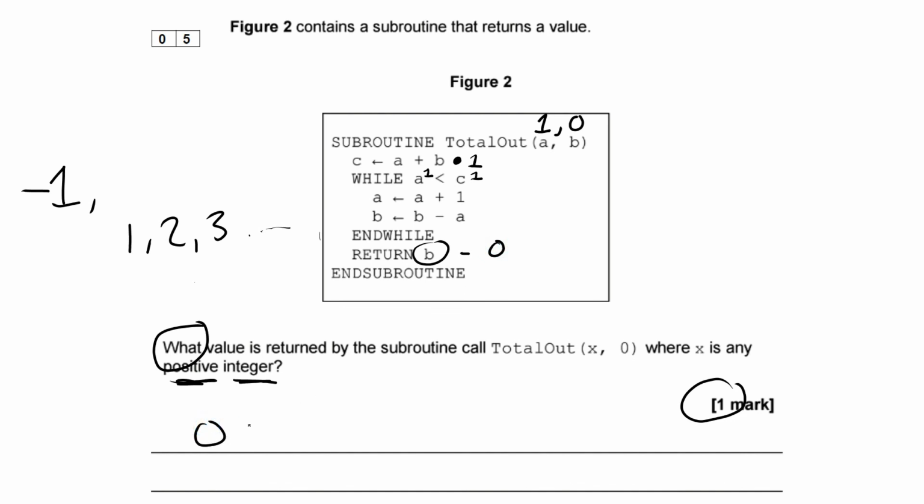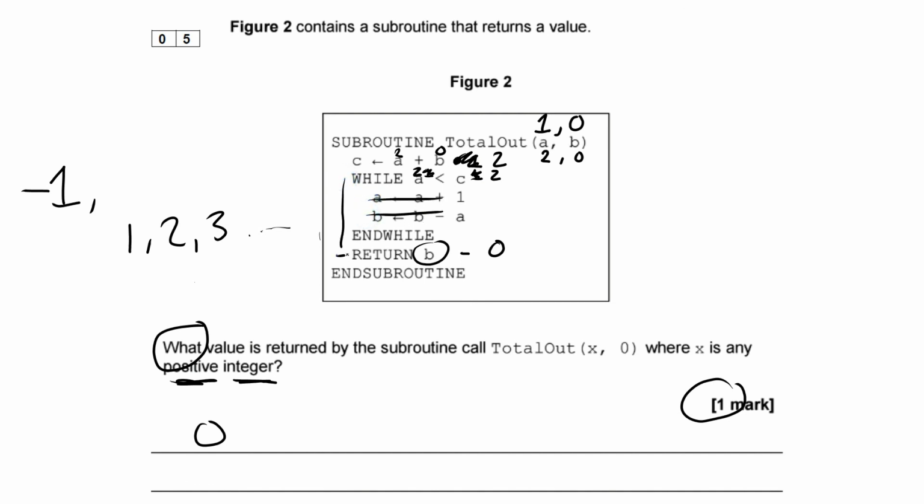Now, I could just do that with absolute confidence, thinking that's definitely right, but it's worth testing it out on another positive integer just to make sure. So if I put in a 2 and a 0, C is equal to 2 plus 0, so C is equal to 2. While 2 is less than 2 doesn't work, so all this code isn't going to run.